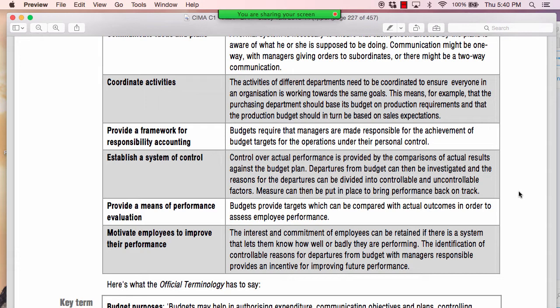It also provides a means of performance evaluation and motivates employees to improve their performance, because budgets give you a target to achieve. There will be sales targets and cost targets, so there is some kind of guidance given.